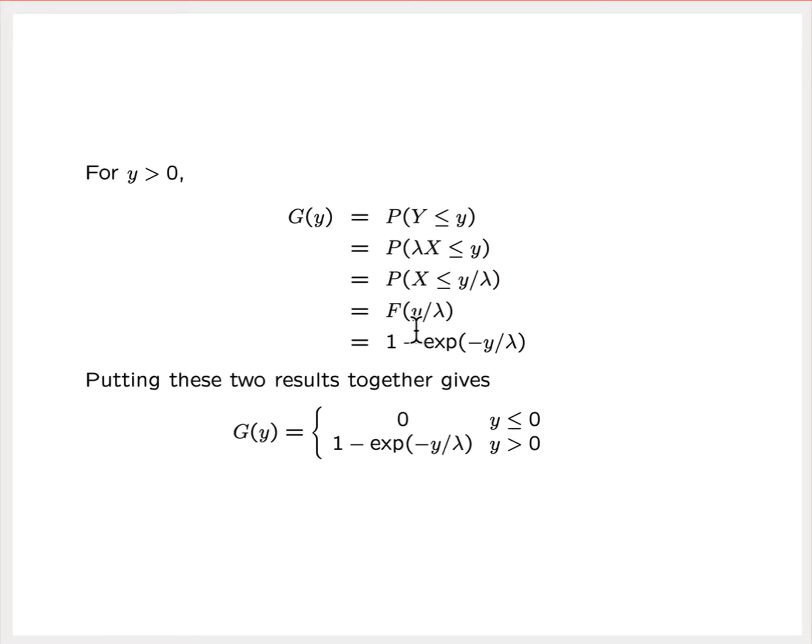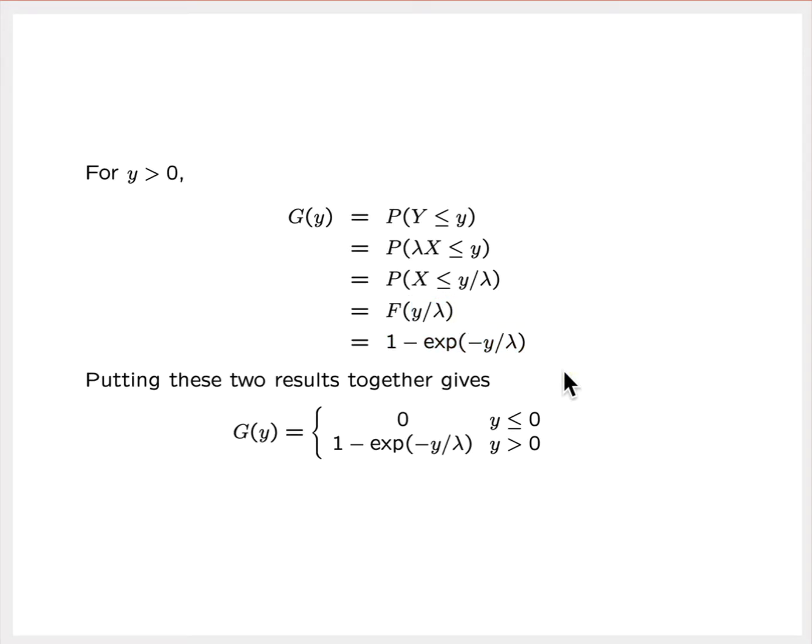Now, because y is positive, y over lambda is positive, and so for such a value, the CDF of x is equal to 1 minus the exponential function evaluated at the negative of that argument, which is y over lambda. So remember, we derived the CDF of x, and this is the CDF of x evaluated at such a point.